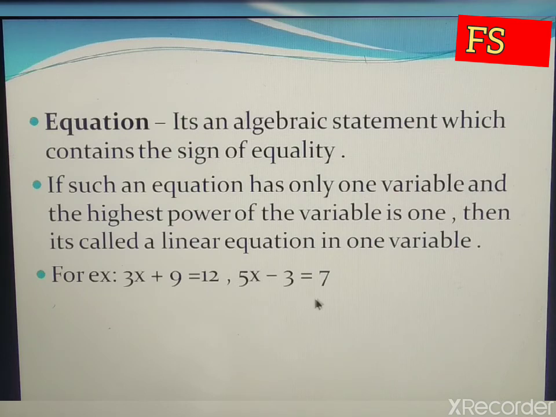Here in this equation also there is only one variable x and the power is nothing, which means the power of x is 1. So such an equation where the variable is one and the power is also 1 and the sign of equality is there in between, such equations are known as linear equations in one variable.